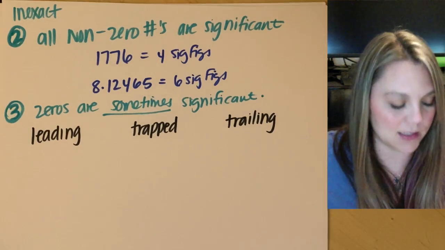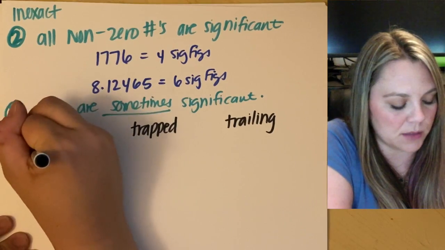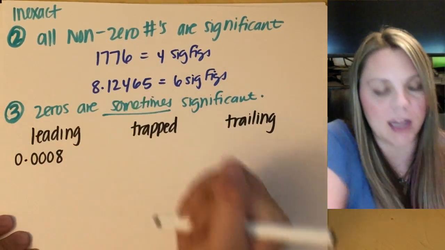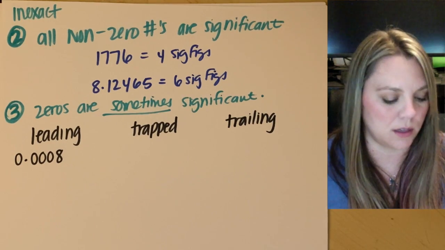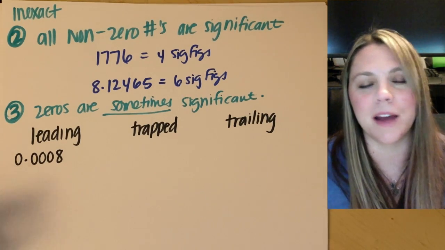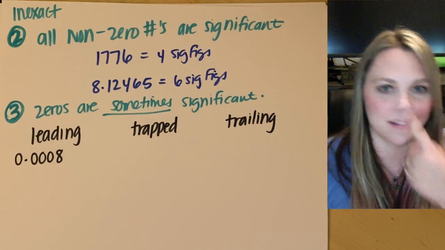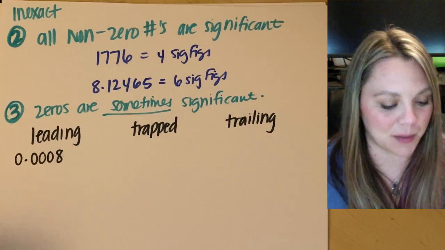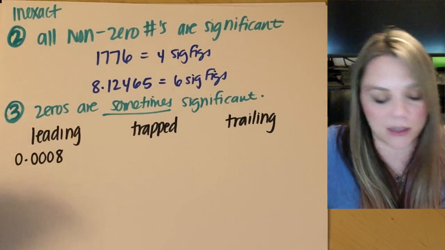A leading zero would be like in a decimal number, 0.0008. A trapped zero, I think they call them confined zeros, is the way your book will talk about it, but I like to think about it as trapped. They're trapped between 2 significant numbers.